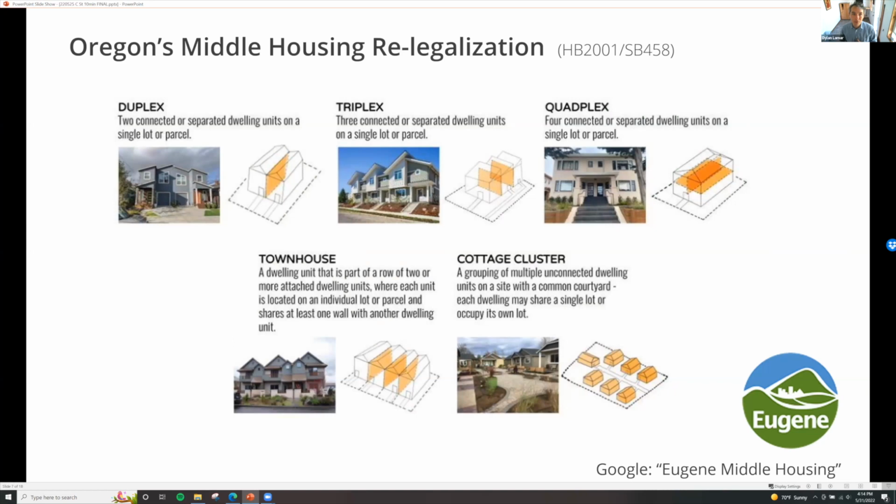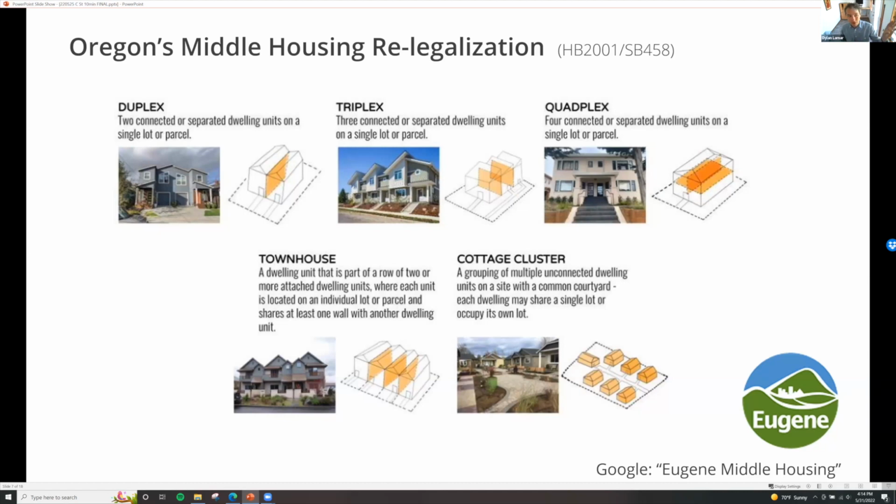Oregon recently, I'm very proud of my state right now. Going into effect June 31st in cities across Oregon are middle housing regulations that allow at least the smaller end of that diversity of middle housing types. They defined it with these 5 silos of housing to give people a concrete feeling for it.